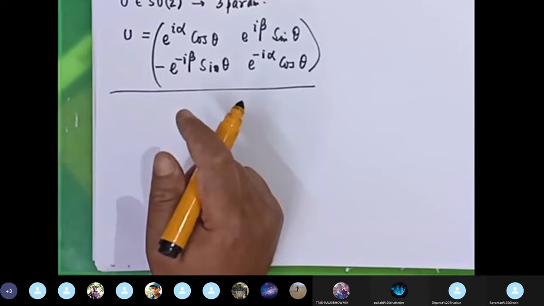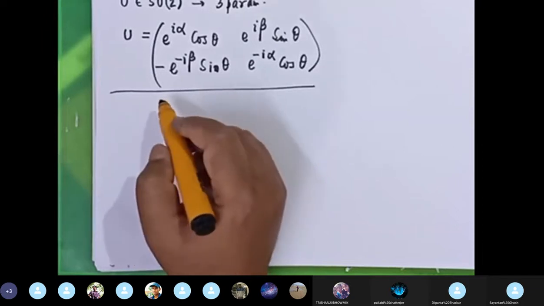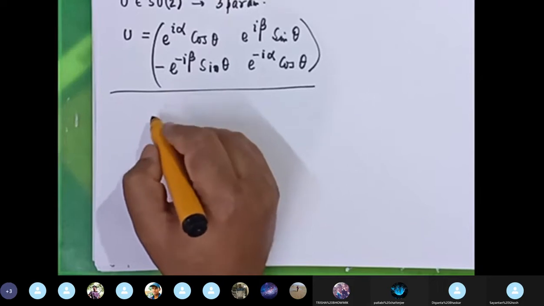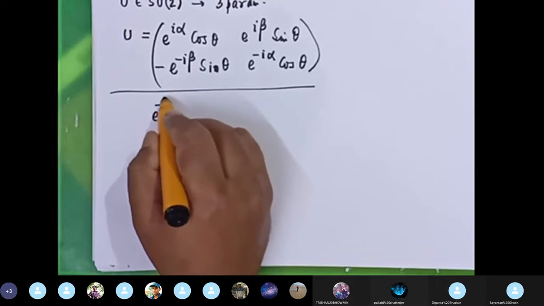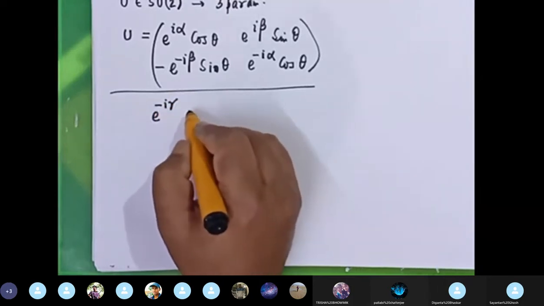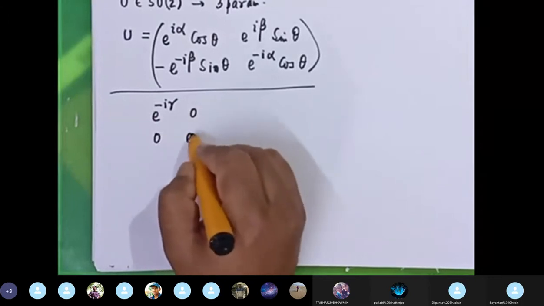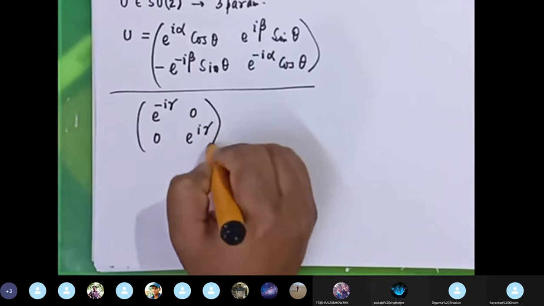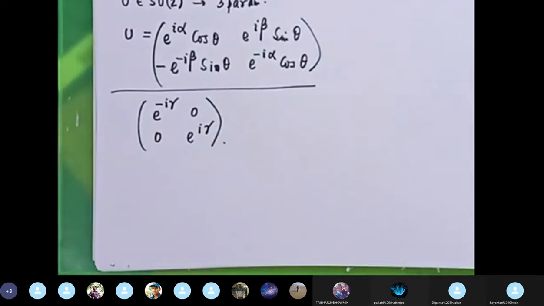Suppose you bluntly write one matrix. This is written in terms of one parameter. This is a simple matrix. Can you tell me whether this matrix is SU2?